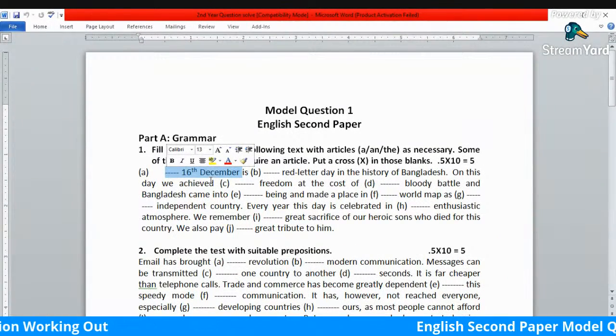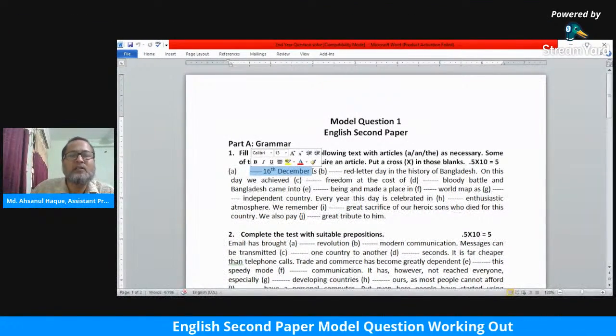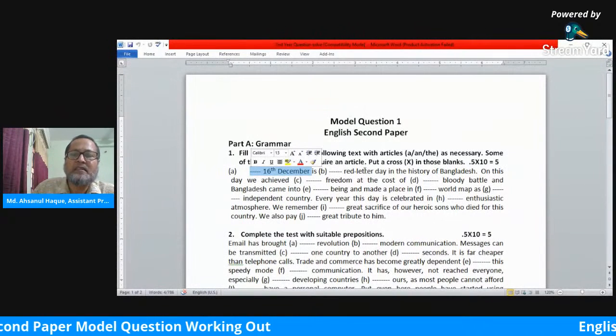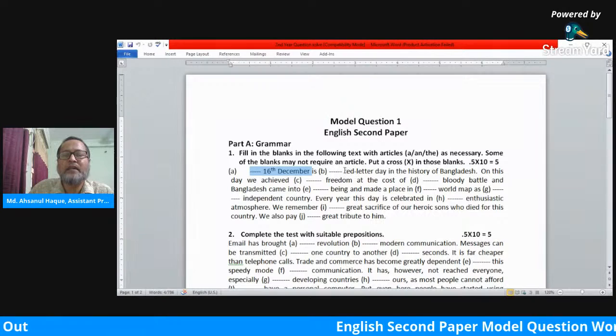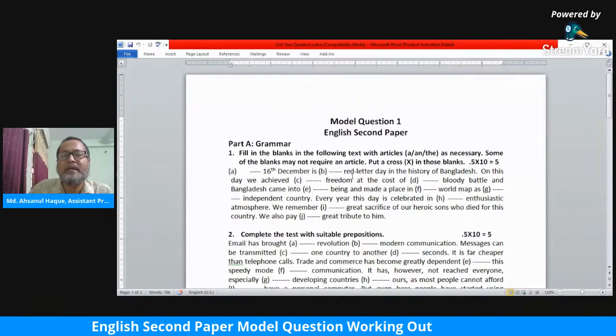So this is the rule. When the date is certain, fixed, we use definite article. So the 16th December is dash red letter day in the history of Bangladesh. This is a very ordinary idea. Red letter day. So there should be a.